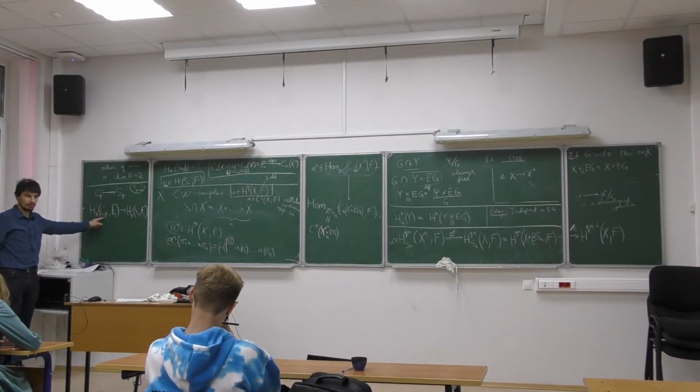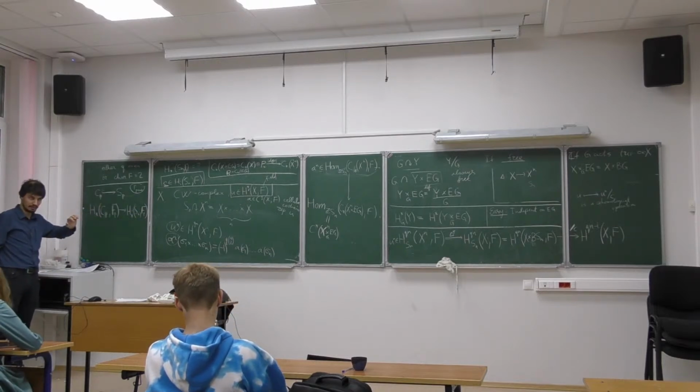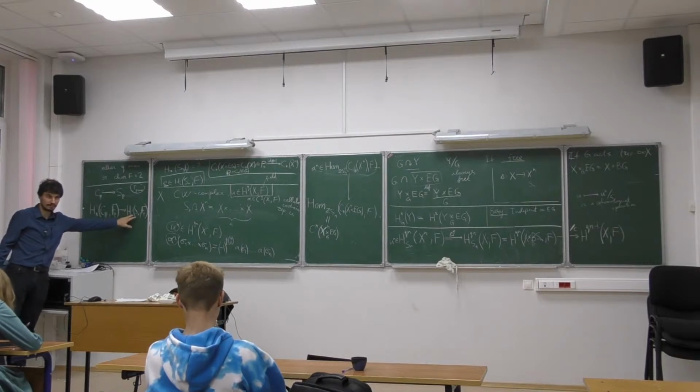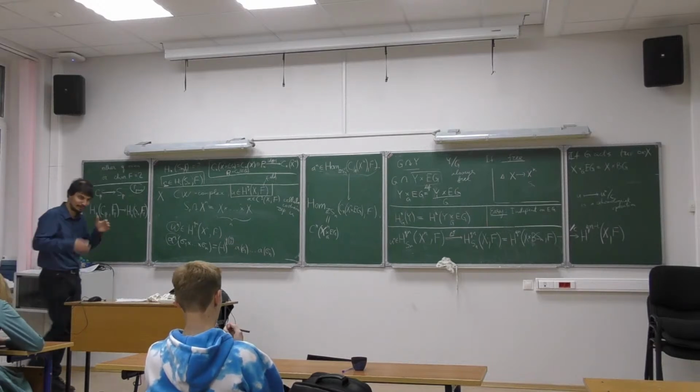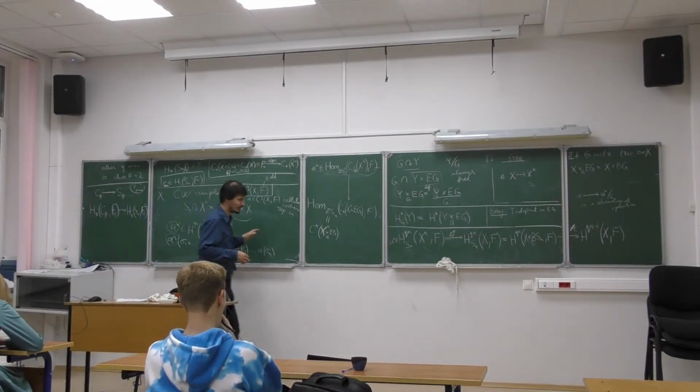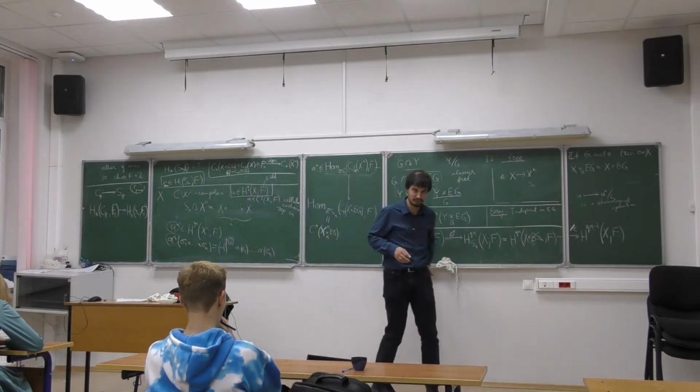Once we know this homology, I will remind it in a couple of minutes, then we can get some classes here. I do not pretend that these are all classes, but we can produce something, and we can use them to construct cohomological operations.